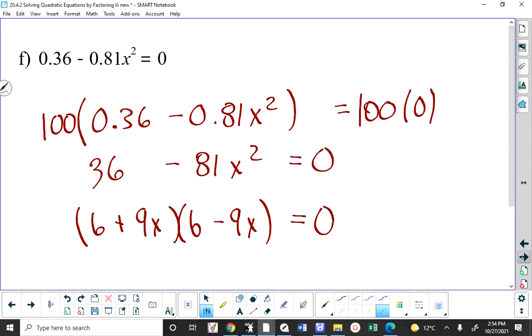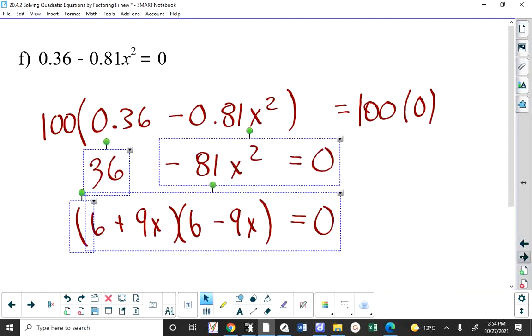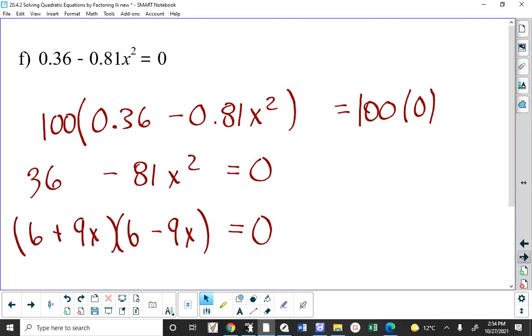Before I go on, how many of you would have moved everything to the other side so you have positive x squareds? Okay, so let's address that. If you move everything to the other side, sooner or later you're going to have to get used to sometimes working with negative x squareds. But in retrospect, if it would have occurred to me, I would have done it. I think it's the smarter thing to do.